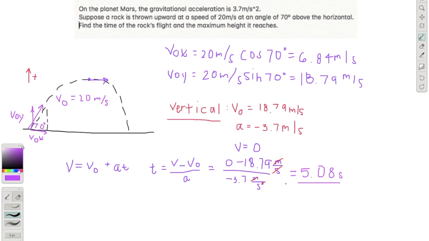So we have 5.08 seconds, which is from the bottom to the peak. To find the total time, we're just going to double that, which is 10.16 seconds.